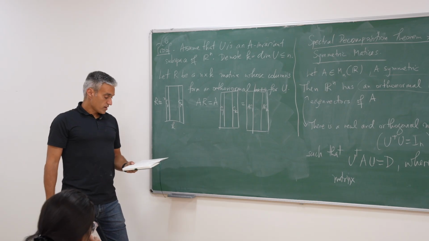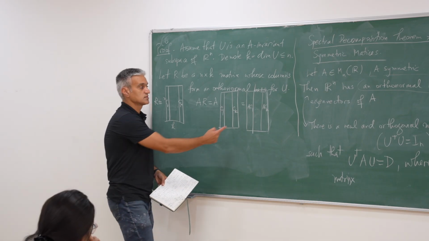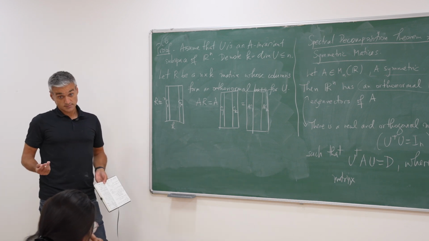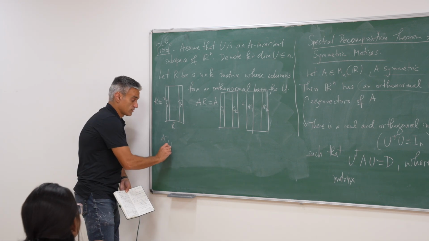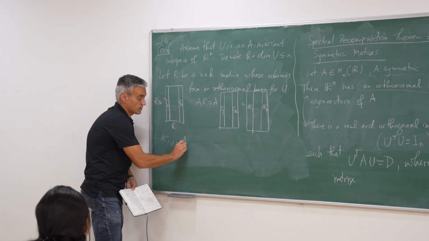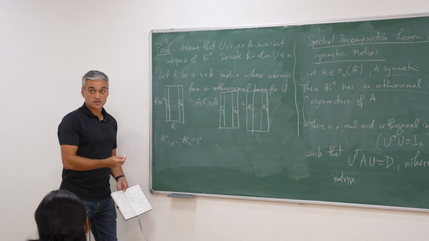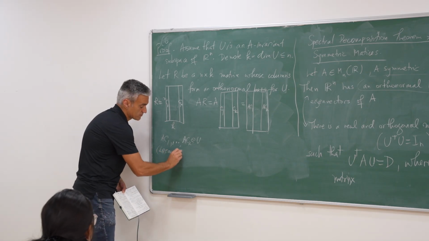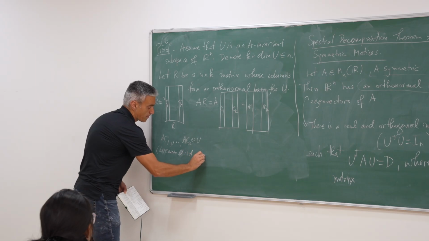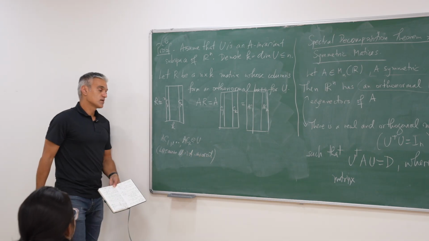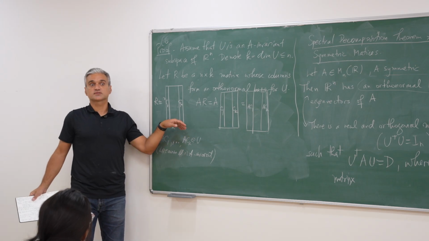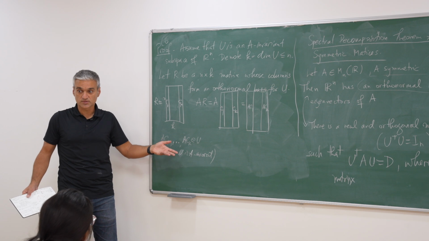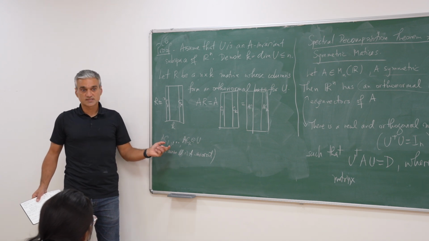But now, each of these columns, where do they live? AC1, ..., ACk live in U because U is A-invariant. And if you live in U, who tells you how everything looks in U? A basis. And we have a basis, C1, ..., Ck. So each of them is going to be written as a linear combination.